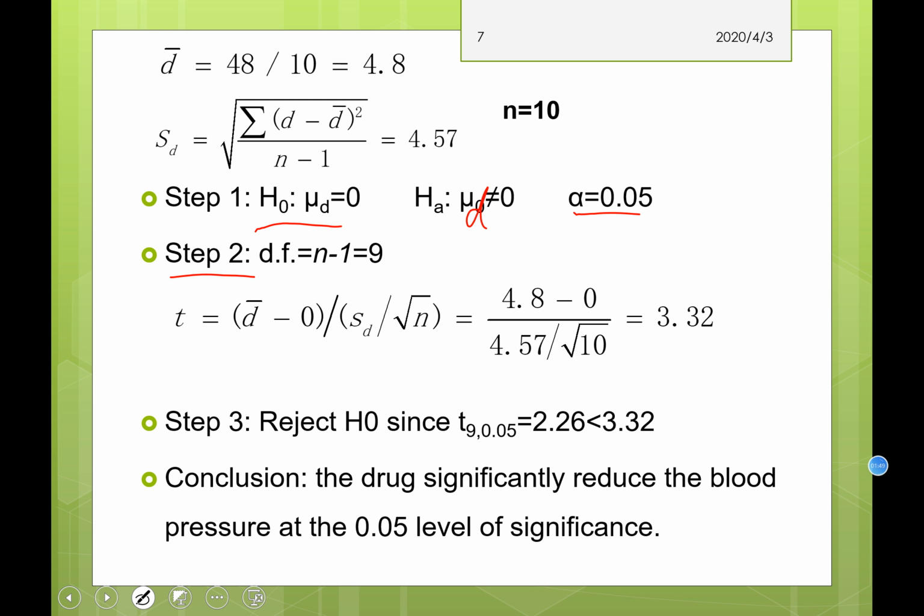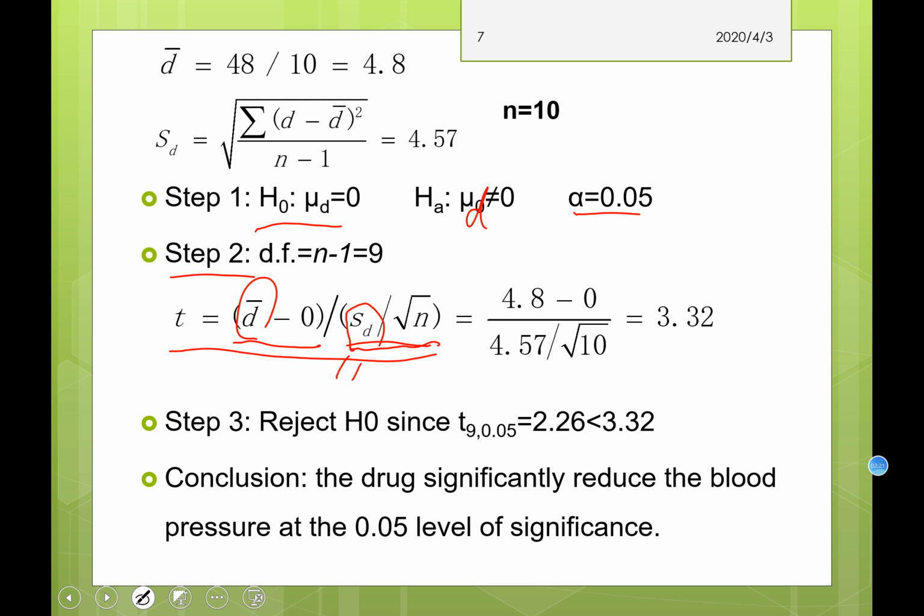And we found that here is a different formula for the t value. This part, d bar minus 0, d bar means the sample mean of the difference. And here, this part is SD, that means the standard error for difference.